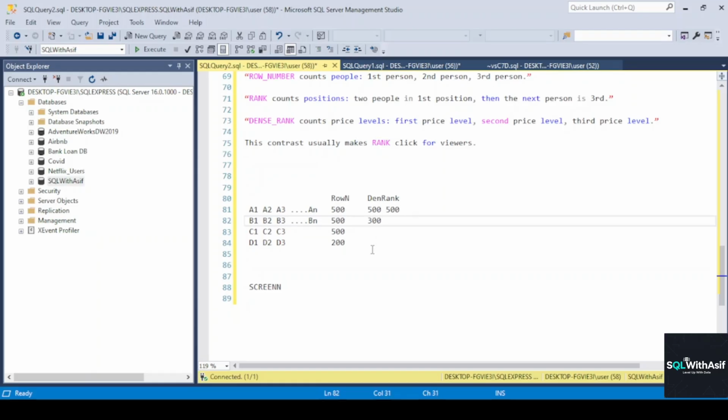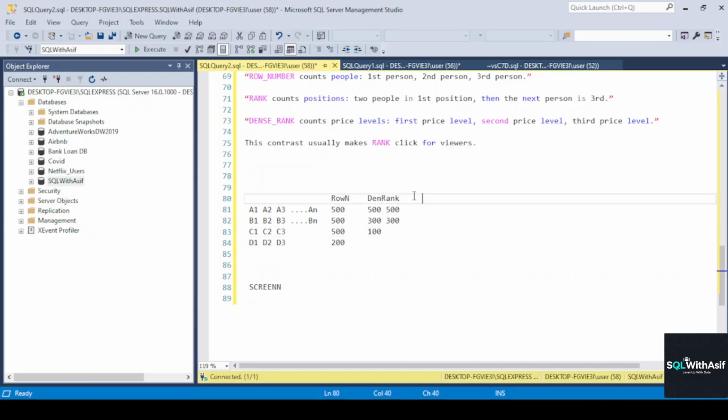Another person came and gave 300, he will also come over here. Another person gave 100, since 100 is the next lowest after 300, we will assign it here. It doesn't matter how many people come, 500 will be here. So dense rank gives first price level, second price level, third price level: price level 500 is here, the second price level is this one, the third price level this one.